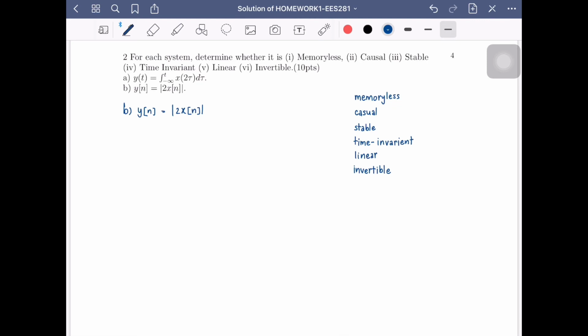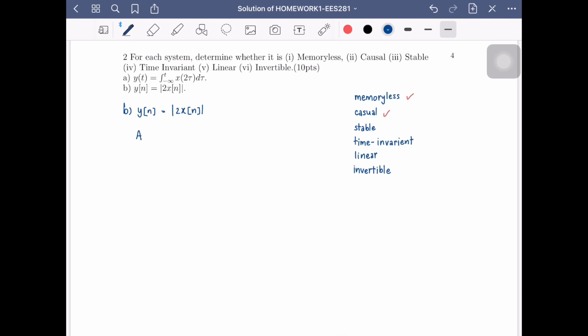First, we check memorylessness. We know that memoryless depends only on the present value, and this one depends only on the present value, so this one is memoryless. And since it's a memoryless signal, it is causal also. Then we have to check the stability.